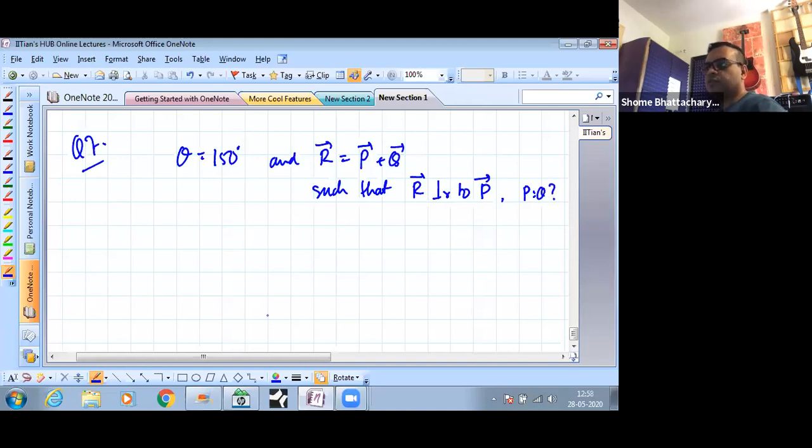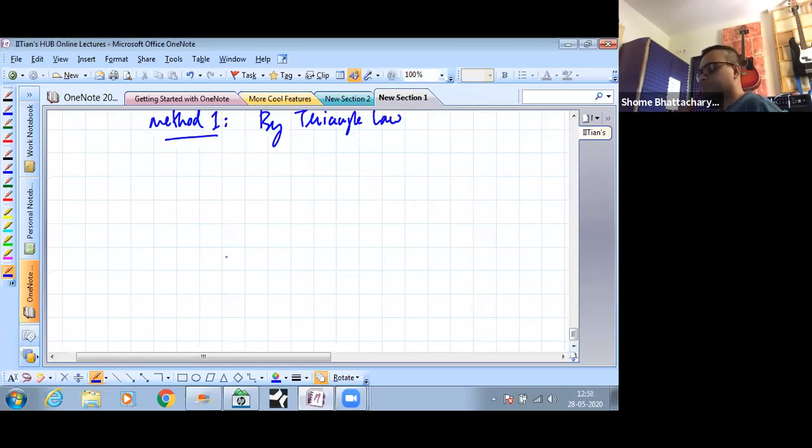So one is we can use the statement of the triangle law. So method 1 we can do like this. By triangle law, no need to draw the triangle. Actually, I'm just drawing it for your reference.